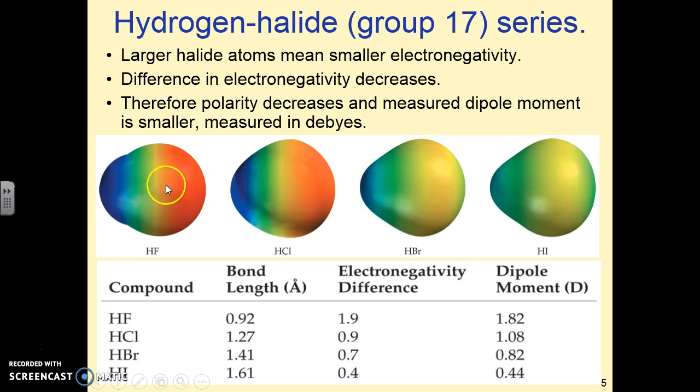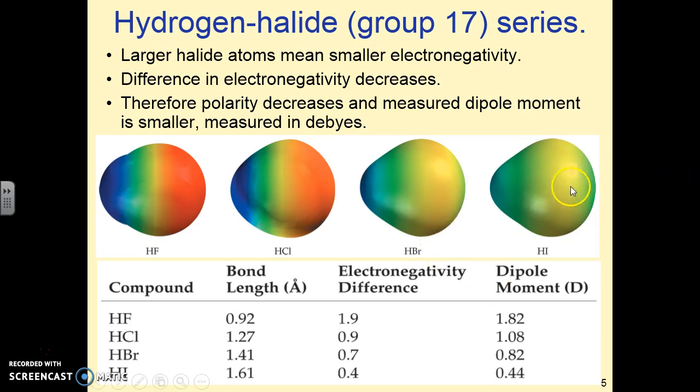As we go down a group, F is the highest and I is the lowest, and electronegativity decreases. As we go down, the dipole moment decreases, the bond gets less and less polar, and the electronegativity difference between the two atoms decreases. For HF, subtracting H from F gives an electronegativity difference of 1.9, and the dipole moment, which is measured in Debyes and determined experimentally, which we're not going to get into, is 1.82.